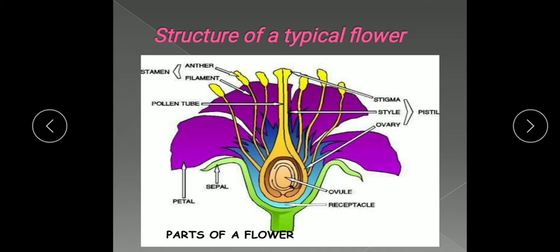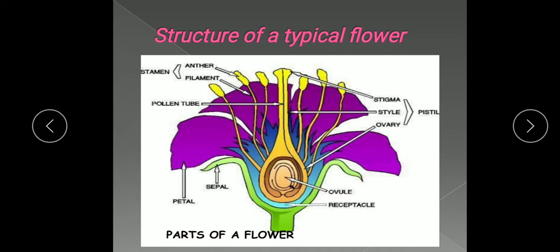All these are arranged at the successive nodes in the flower, and this flower is meant for sexual reproduction. There is considerable variation in the size, shape and color of flowers, and in the arrangement and number of floral parts within the flower.